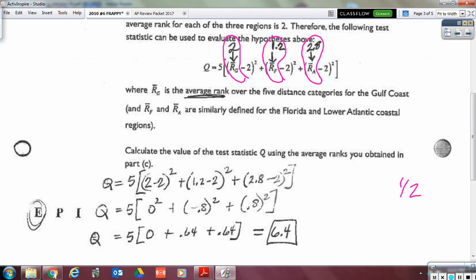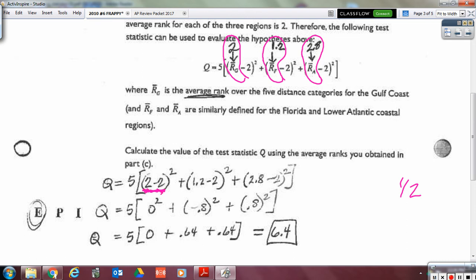What is this telling you right here? In the Gulf Coast it had 2 minus 2, so the difference was 0. What is that essentially saying? That the what was predicted? Good. The observed was the same as what was expected.